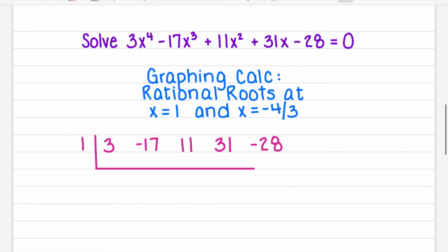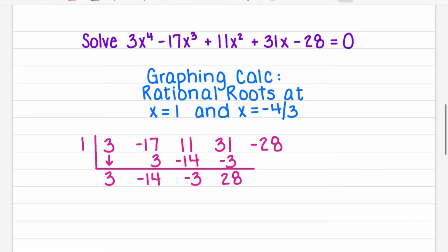Okay, so remember we start by dropping down the first number. Okay, then you multiply, so 1 times 3 is 3. And then you add going straight down. So now you get -14. Then you multiply the 1 and the -14, so you get -14. 11 minus 14 is -3. 1 times -3 is -3. 31 minus 3 is 28.